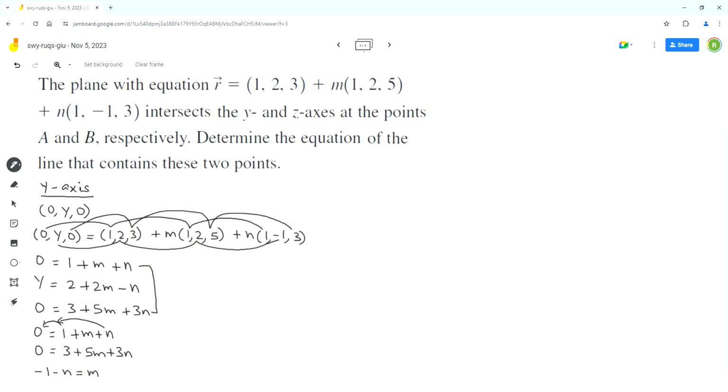Now we can do the substitution for m in the second equation. We can replace m with minus 1 minus n. Now this equation has only the n variable, so we can solve for n. We can distribute 5 into the parentheses.